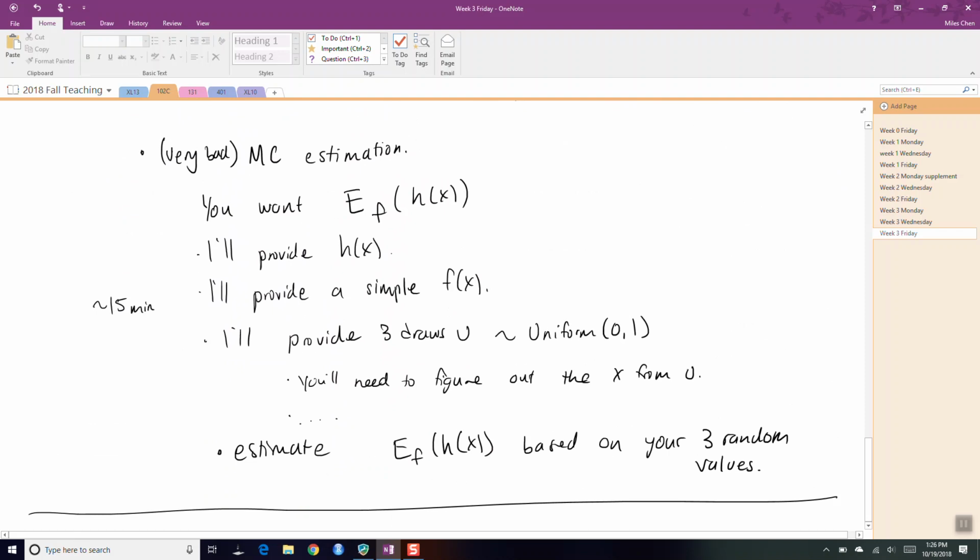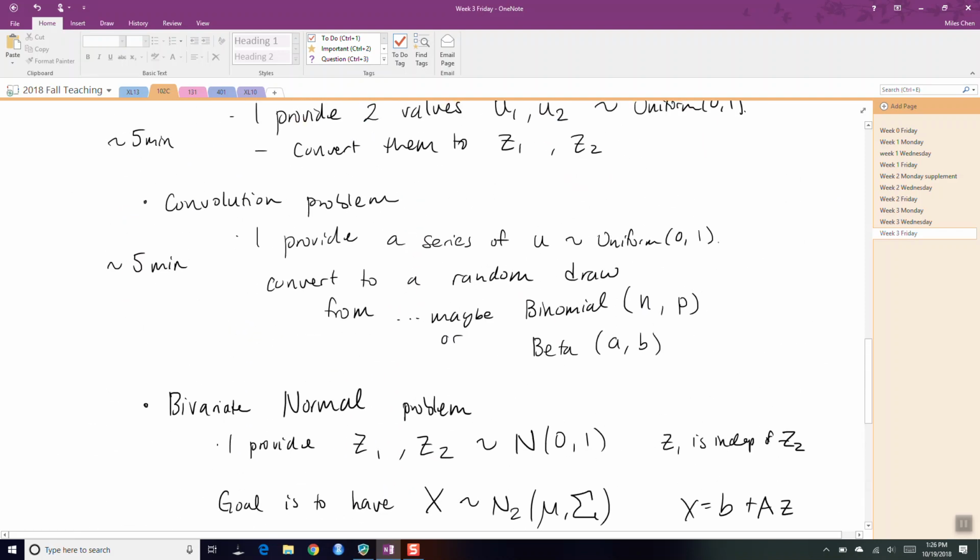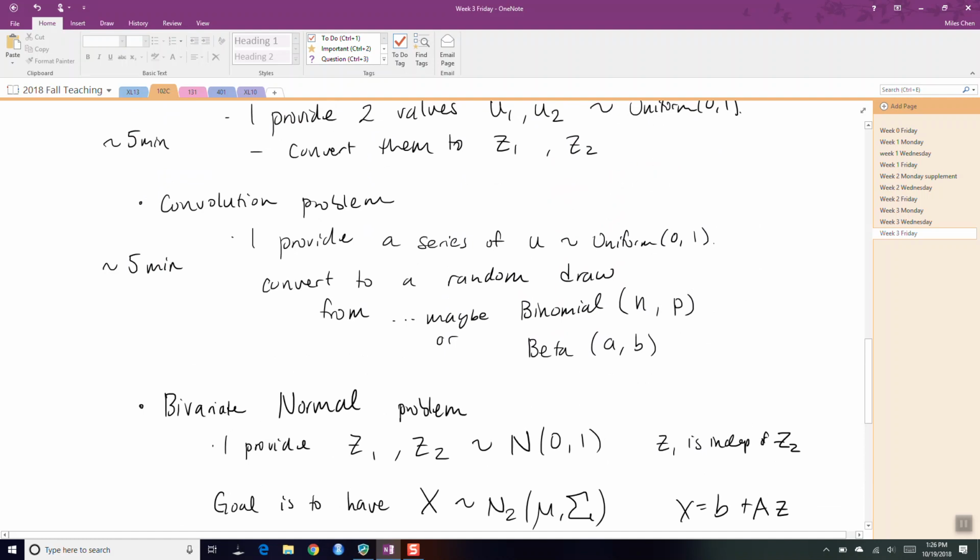So for example, for this convolution thing, if you made a small mistake in figuring out your binomial, you'll get some partial points. You're not going to get full credit, but partial points.